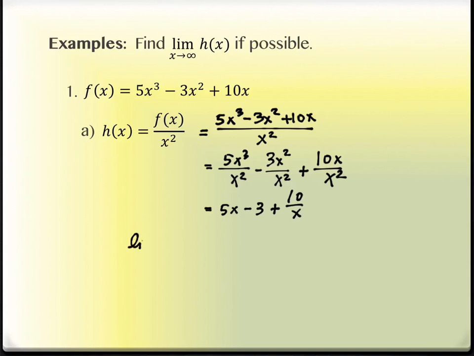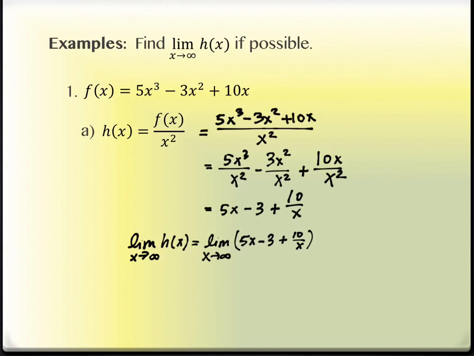What we want then is to find the limit as x goes to infinity of h of x. So now I'm going to do the limit as x goes to infinity of 5x minus 3 plus 10 over x.